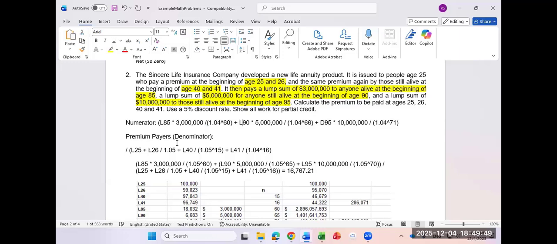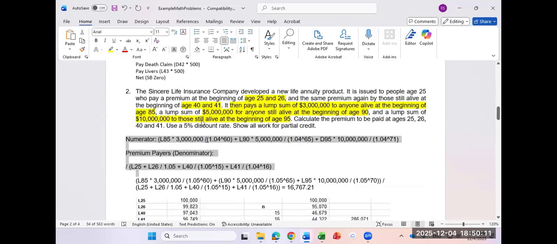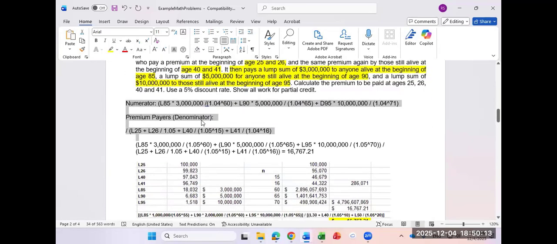Anyone alive at 90? But then anyone who dies at 95. So you can mix and match them any way. You just know if it's an L, subtract. If it's a D, subtract and add 1. All right, that makes the problem really, really simple. This one you do actually calculate. Generally, it's the same thing with matured endowment or the endowment.